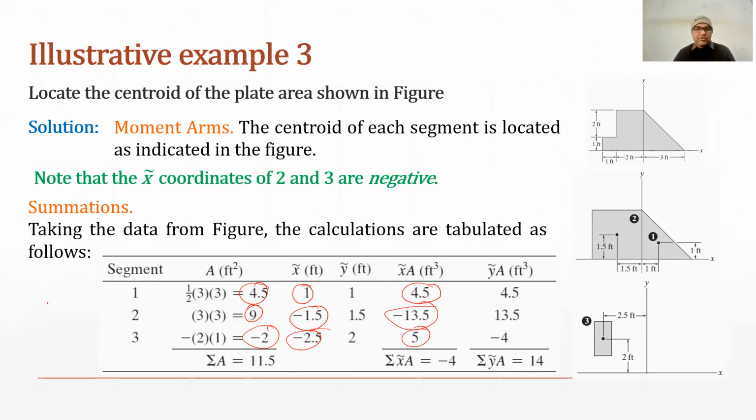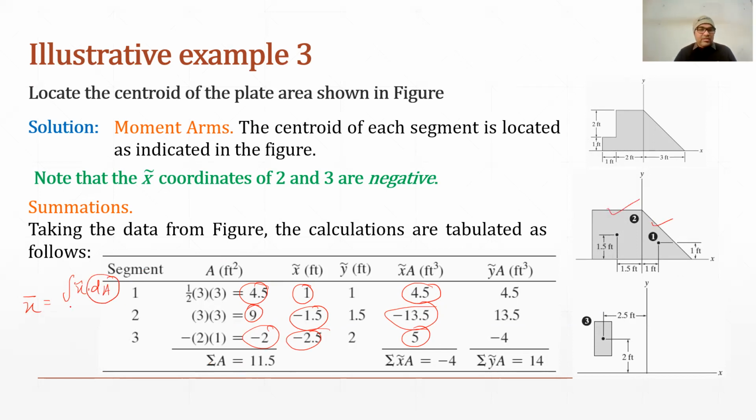Now why we are doing this? Because we already know that according to equation 5, x bar formula is integral of x approx dA. Now here the dA is replaced by the regular areas.